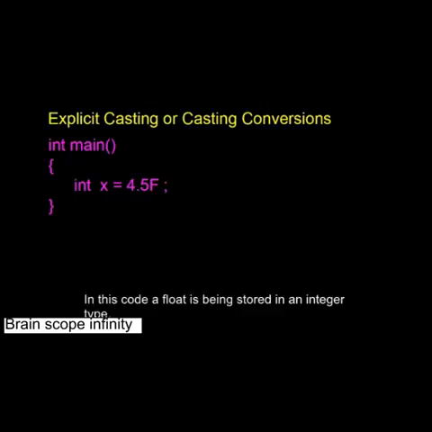In this code, a float is being stored in an integer type. This conversion will cause the decimal point to be dropped. X will get 4. This code will no doubt run, but at the cost of a truncation or loss.